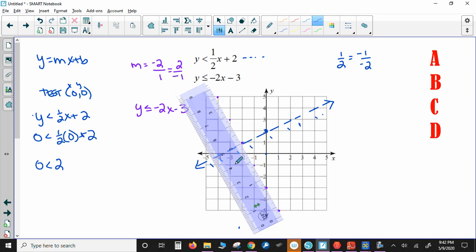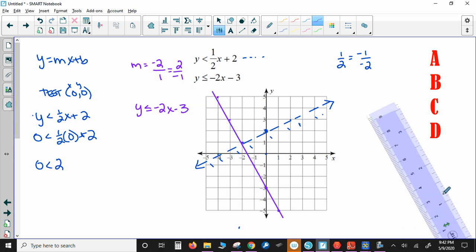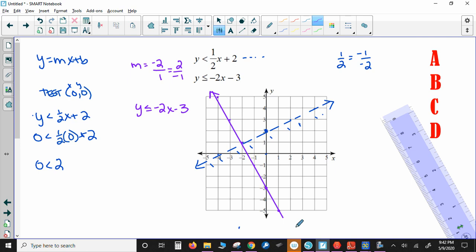This is less than or equal to, so this is going to be a solid line. And we need to have arrowheads at either end. We're also going to test 0, 0 for this one because it's pretty math. 0 is less than or equal to negative 2 times 0 minus 3. 0 is less than 0 minus 3, which is negative 3.